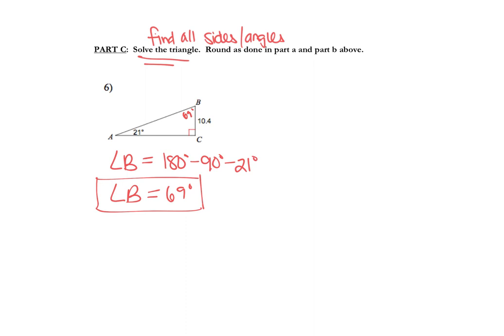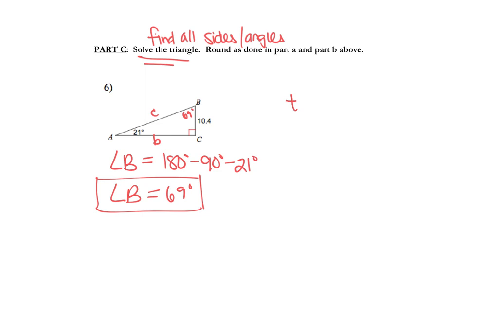Okay, so my missing sides, I need to find side B and side C. So first what I'm going to do, I'm going to find side B here. I'm going to find that by using my tangent ratio with the 10.4 and my angle 21.